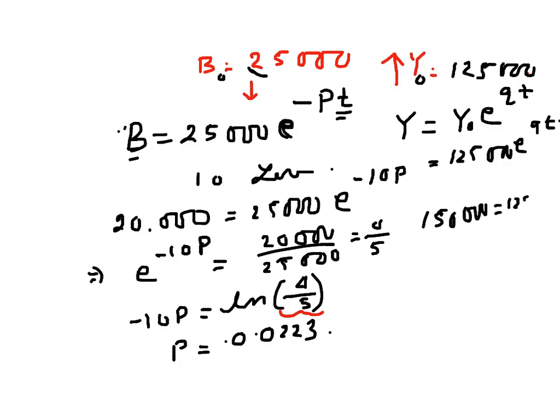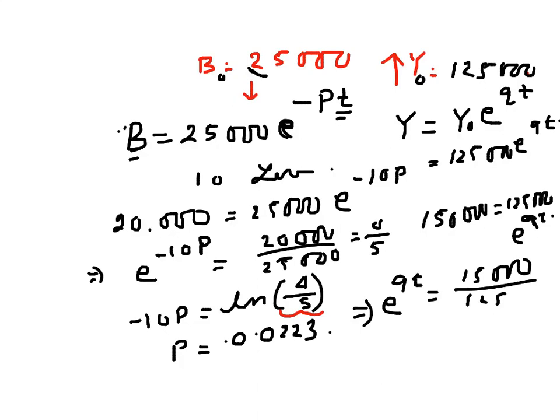So we have this equation e to the power qt. Again we have e to the power qt is 15,000 over 12,500, so this is 6 over 5, and then if we take ln, it becomes qt equals ln 6 over 5. Afterwards we get q is equal to 0.018.